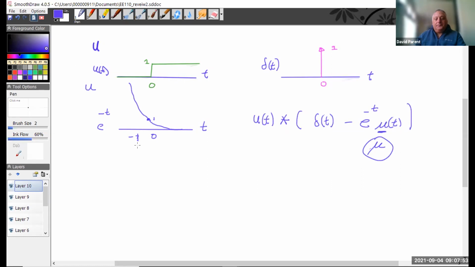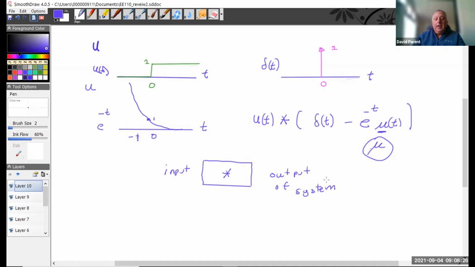So now, since I haven't done the convolution yet, let's keep it high level. Convolution is where I take an input, and convolution turns it into an output of the system.